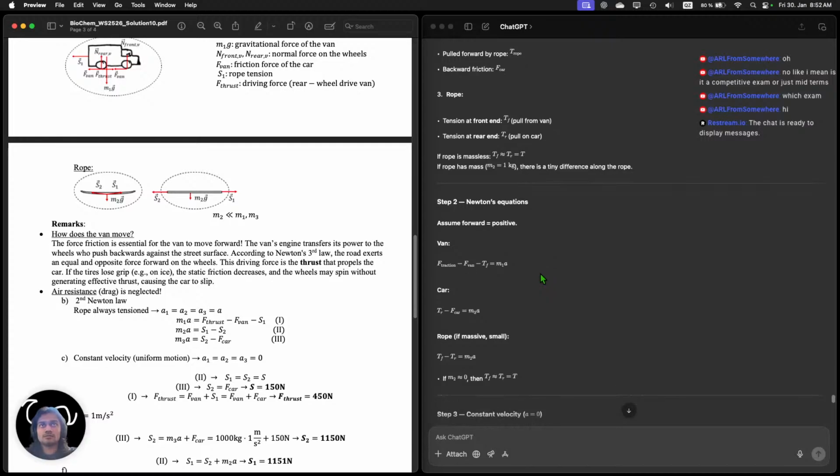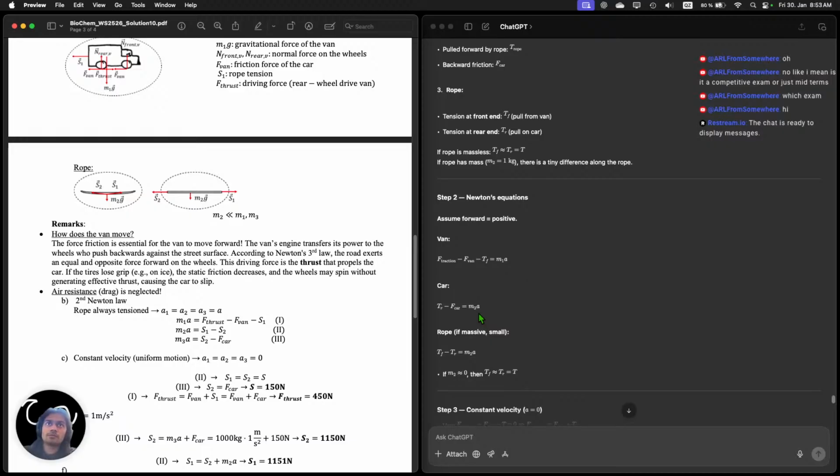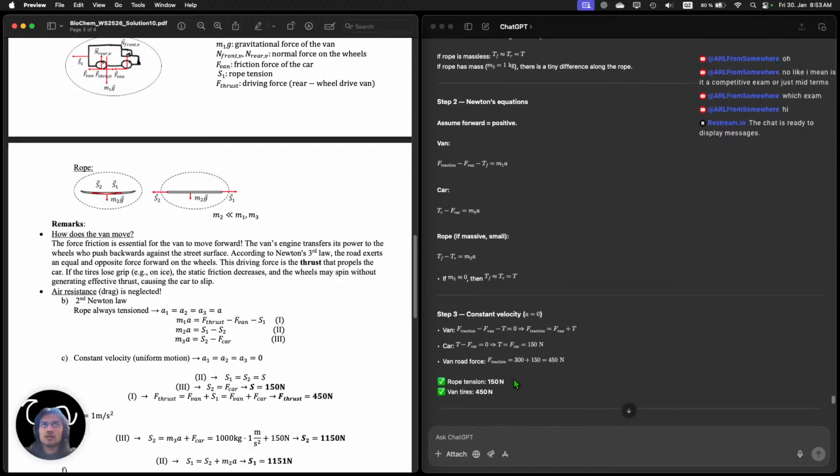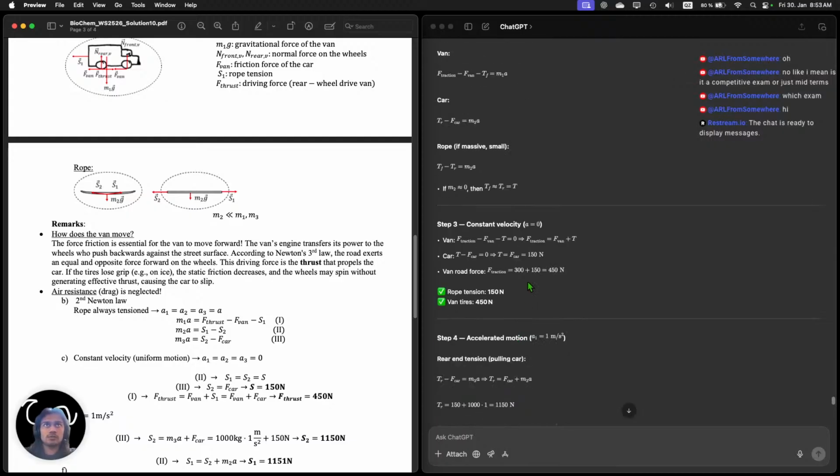Car, T R minus F car equals M3 A. Rope if massive, small, M2 0, then T F equals T R equals T. Am I stupid, or why don't I understand what I'm reading? F traction minus Fn minus T equals 0.